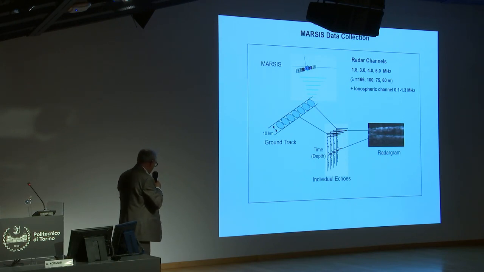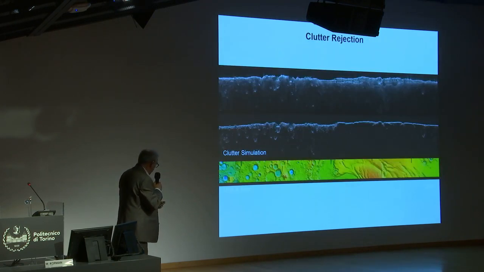This is our presentation. And here, these are the measurements from MARSIS. You can see the long orbit over the South Polar Cap, and this is the reflection from the surface. These are the reflections from the subsurface, but here you have some strange reflections. In fact, we call this clutter, and it comes from the surface.